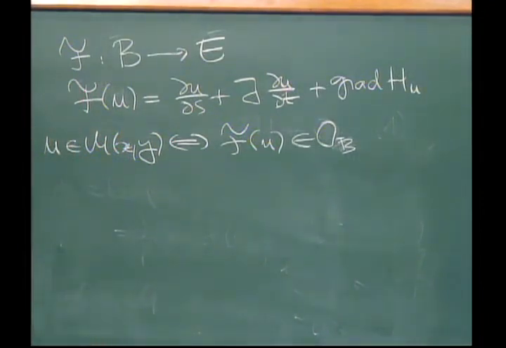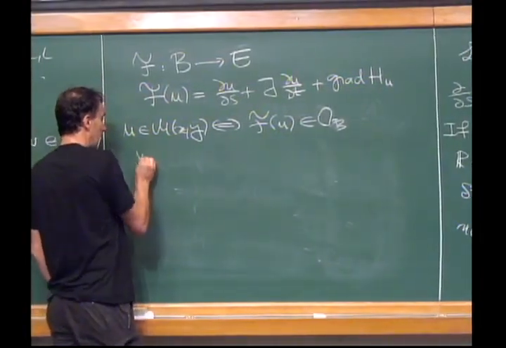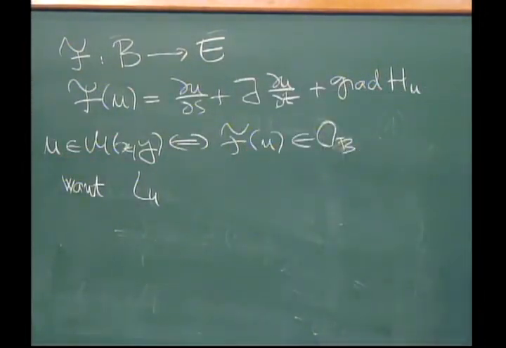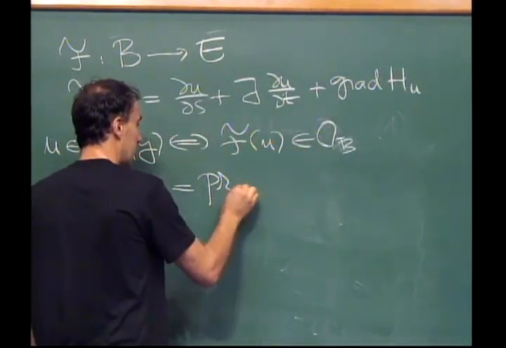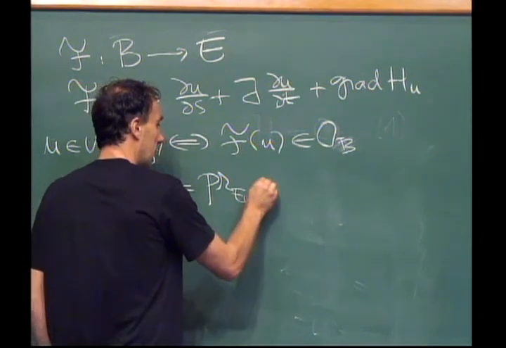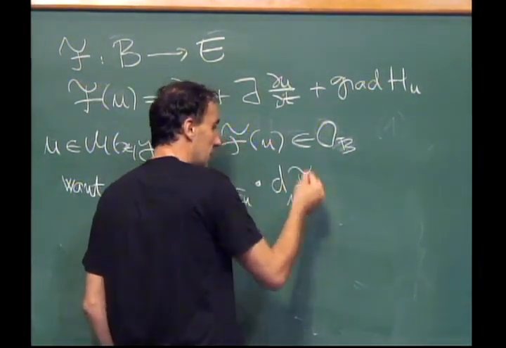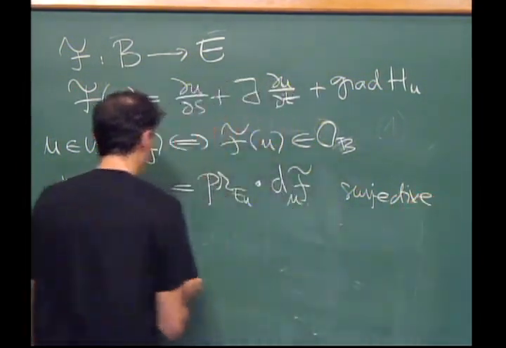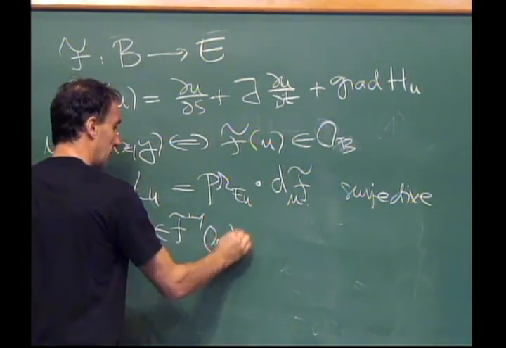Okay? So I have then to solve this transversality problem, namely to prove that, according to what I wrote here, I want to have the projection on the fiber composed with the differential of this operator surjective for any u which is a solution of the Floer equation.